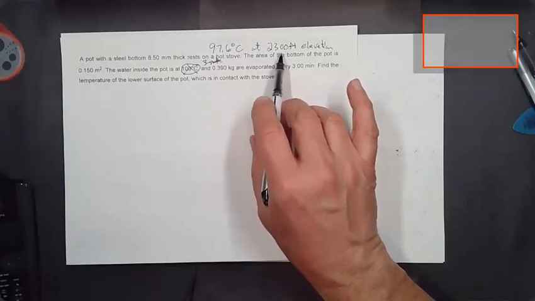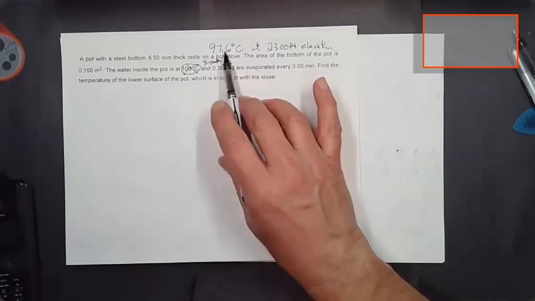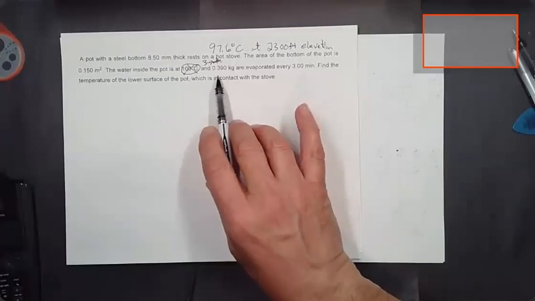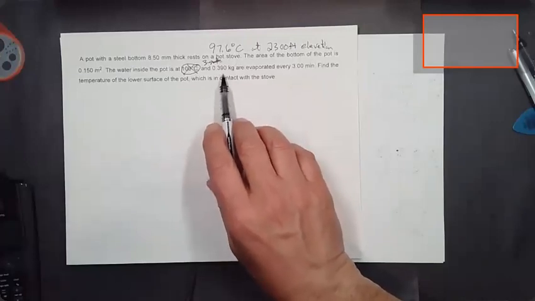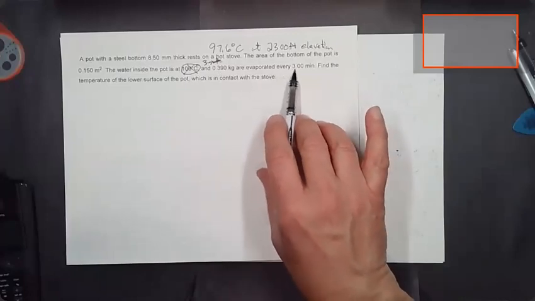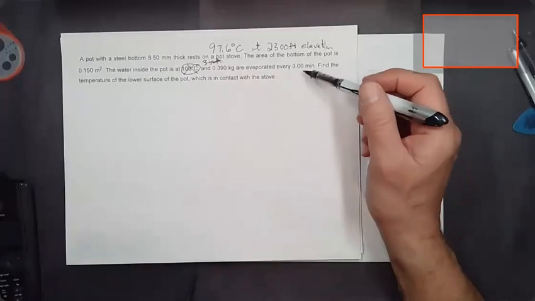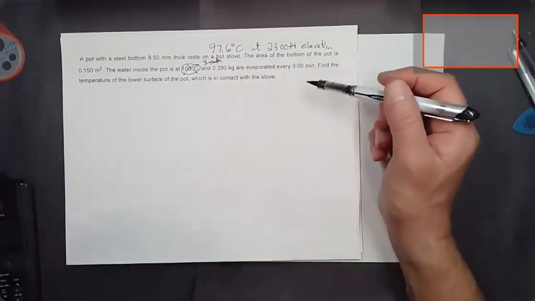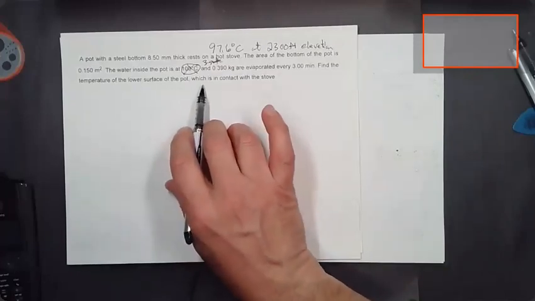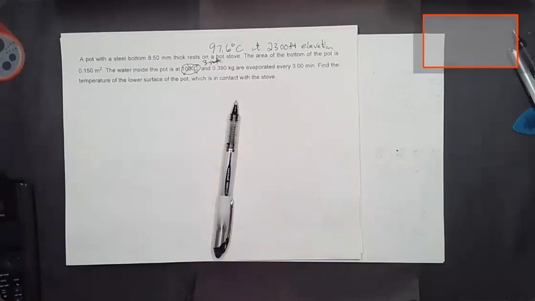It's actually more like 2,340, but anyway, 97.6 degrees Celsius is the temperature of that, and 0.390 kilograms of water are evaporated every 3.00 minutes, which would be 180 seconds to 3 significant figures. So find the temperature of the lower surface of the pot, which is in contact with the stove. Huh.